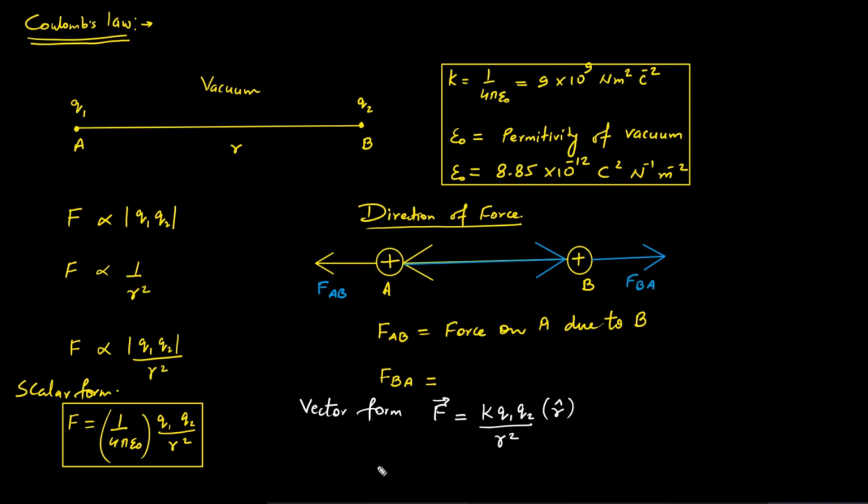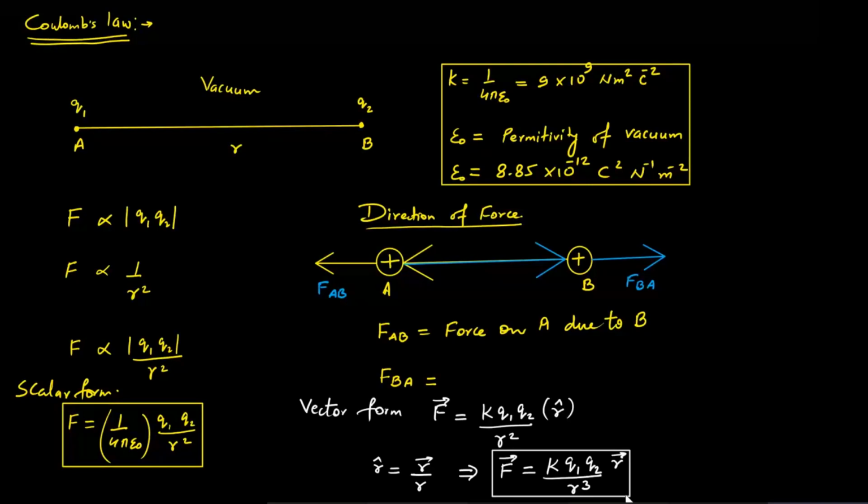For the complete vector form, we convert this unit vector into the given vector divided by its magnitude. Now it will become F equals K Q1 Q2 into vector R divided by R cube. I hope it is clear to everyone. So you can write this vector form of Coulomb's law.